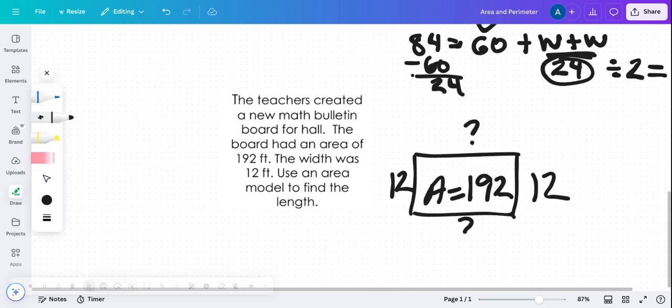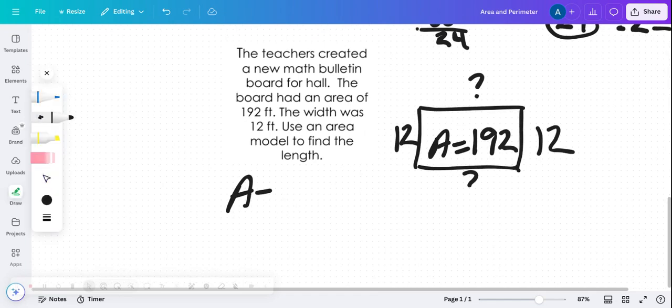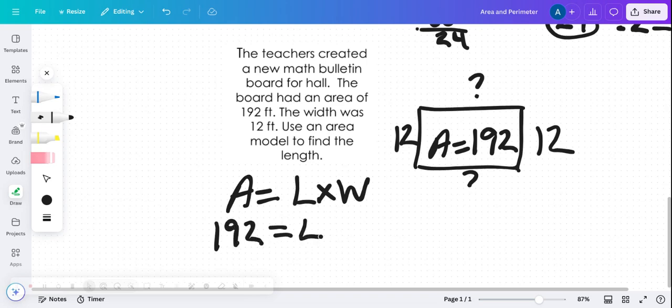Now, if I remember my formula from earlier, A equals length times width. So all I'm going to do is plug in my numbers with what I know. I know A is 192. I know that L is missing. And I know the width is 12. So something times 12 equals 192. Since we know the total and a part's missing, we're going to do the inverse operation. Inverse means opposite. Opposite is going to be division.